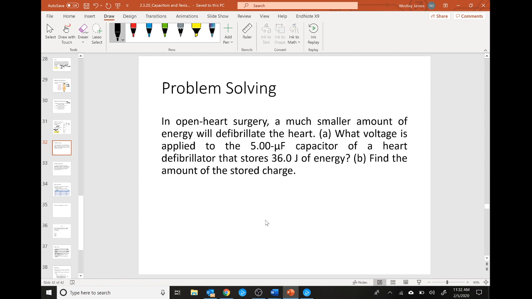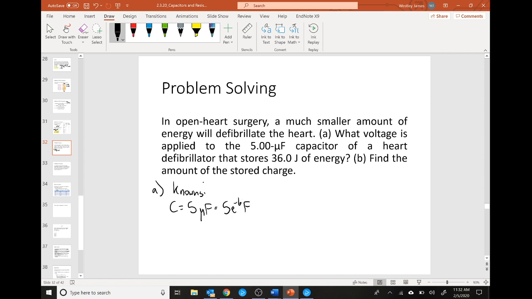That's part A. So remember the problem solving process that is helpful: write down what you know. So knowns and unknowns. For part A, knowns: we know capacitance equals 5 microfarads, which equals 5 e to the minus 6 farads.